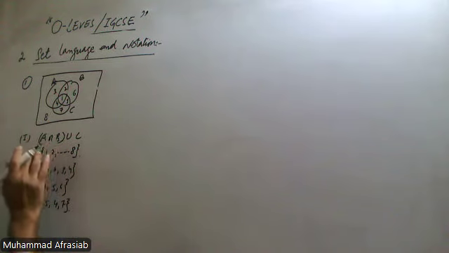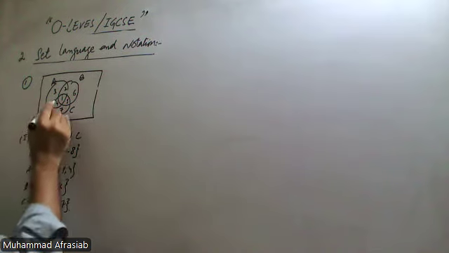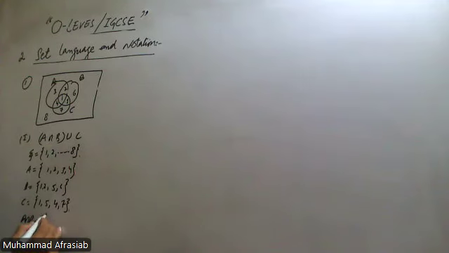Then here they have given us A intersection B. So we can write that A intersection B is basically equal to 1, 2, because this is the region between A and B. And then A intersection B with the union C is equal to 1, 2 union, and the C set is 1, 4, 5, 7.